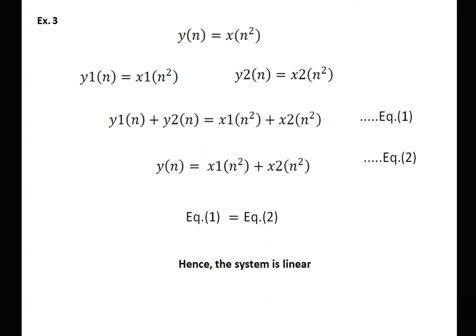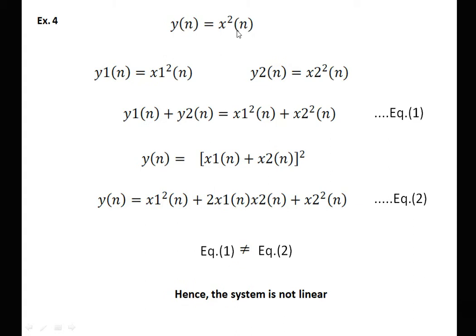Now see the difference between the two problems. This is x of n square and this is x square n. After applying on the individual signal, we are getting x1 square n and here x2 square n. We add the two responses. We will get x1 square n plus x2 square n. This is our equation 1. And in the second case, we replace this x by x1 plus x2.